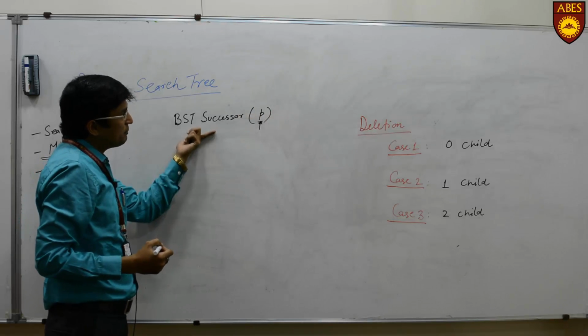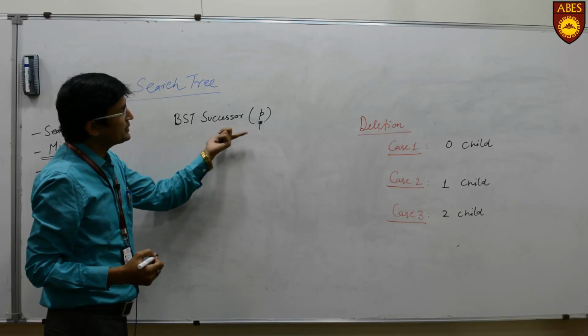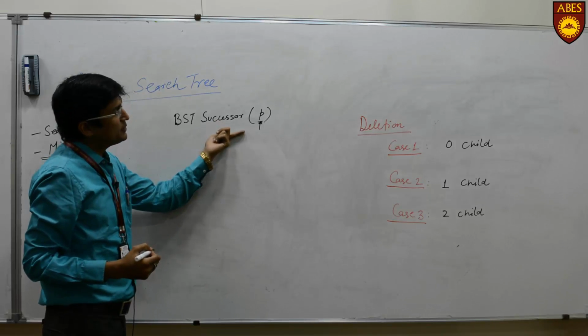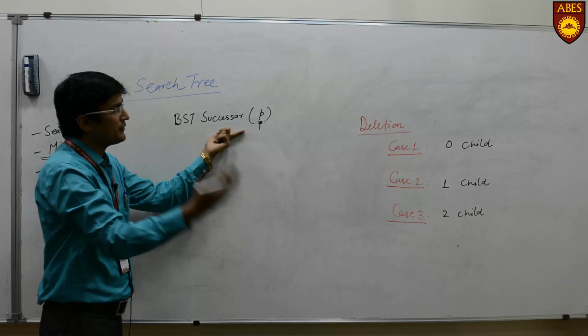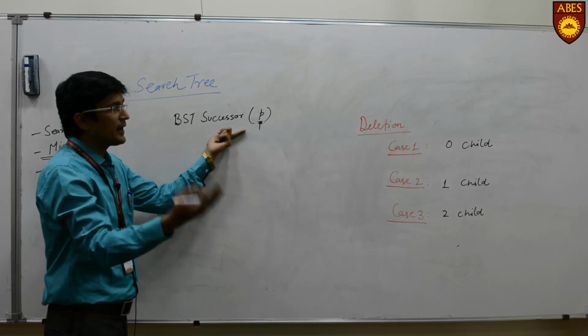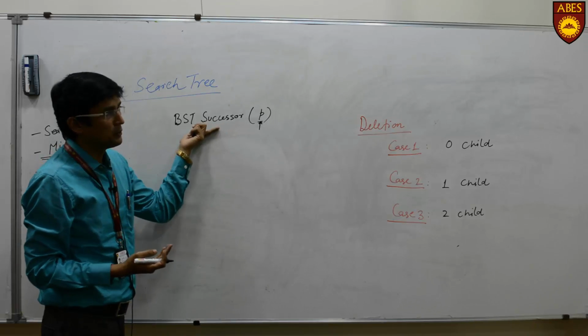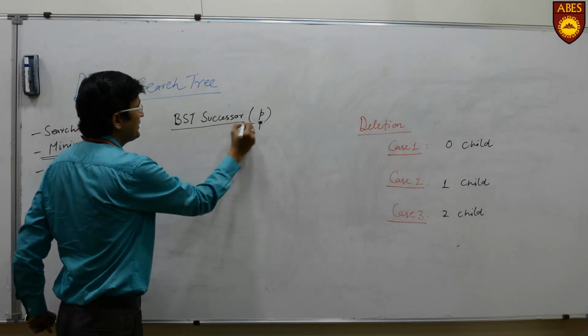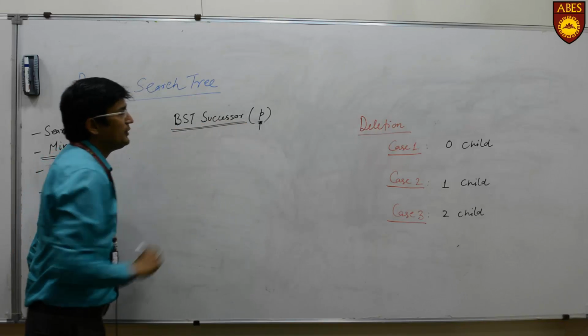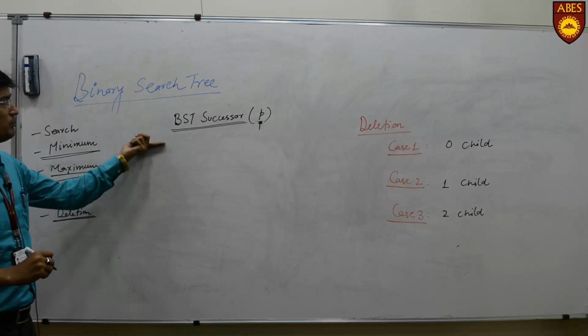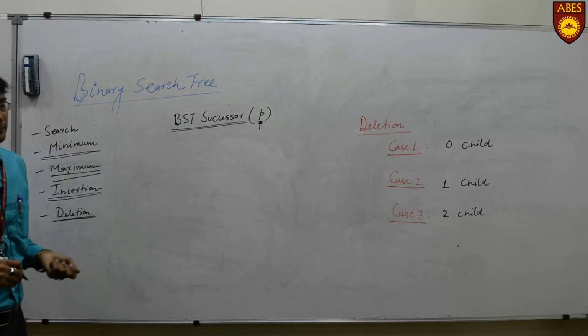So by the methods we can see that since higher informations are found towards the right of any node, the minimum of the right will give us the successor of the given node. So let us say that BST successor is a standard operation, and we can find out the successor of that node by the use of this operation.